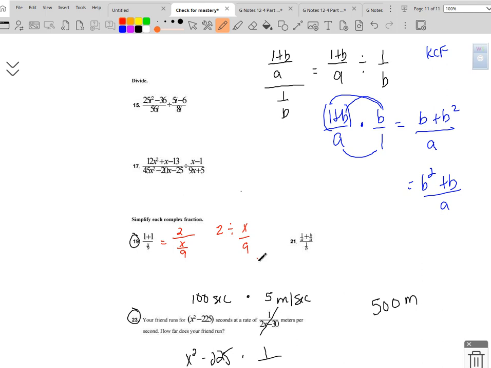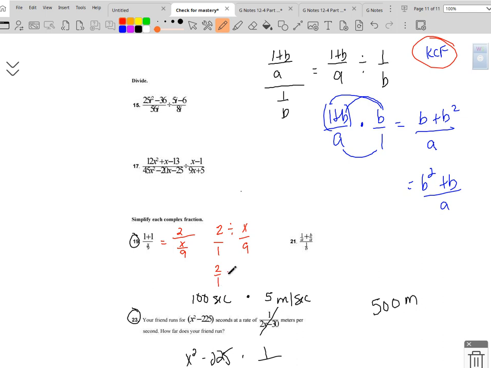Okay, so it's not 1 plus x here, right? It's 1 plus 1. Okay, yes. So hold on. So you got to go from here, so it's 2 over x over 9, right? So that's 2 divided by x over 9, so we're going to turn that into a fraction, right? So what do I do from here? You change it? Keep, change, flip, so it's 2 over 1.